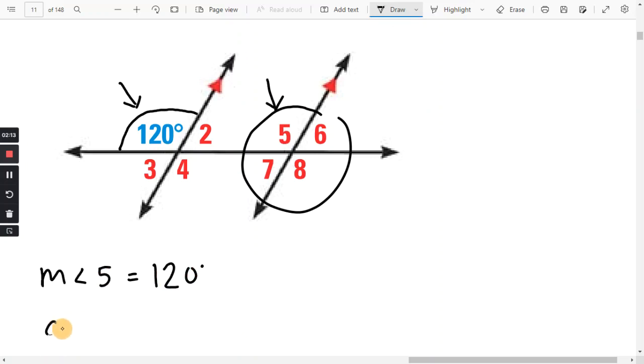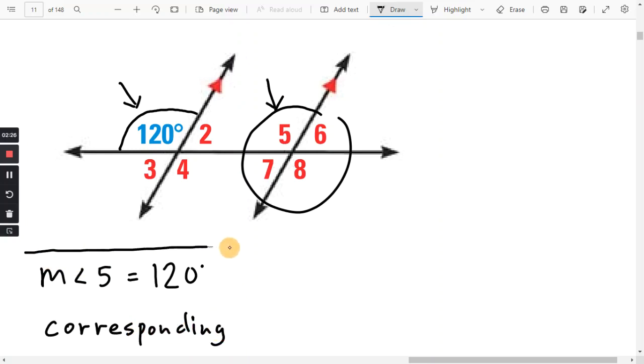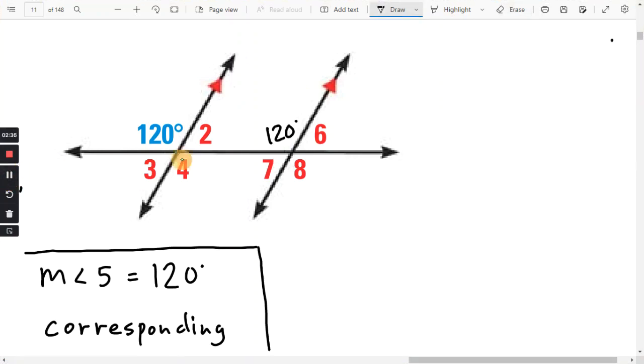Okay, and that is because they are corresponding. So we got the first one out of the way. So in place of angle 5, I'm going to fill in 120. All right, in place of angle 5, I wrote 120.